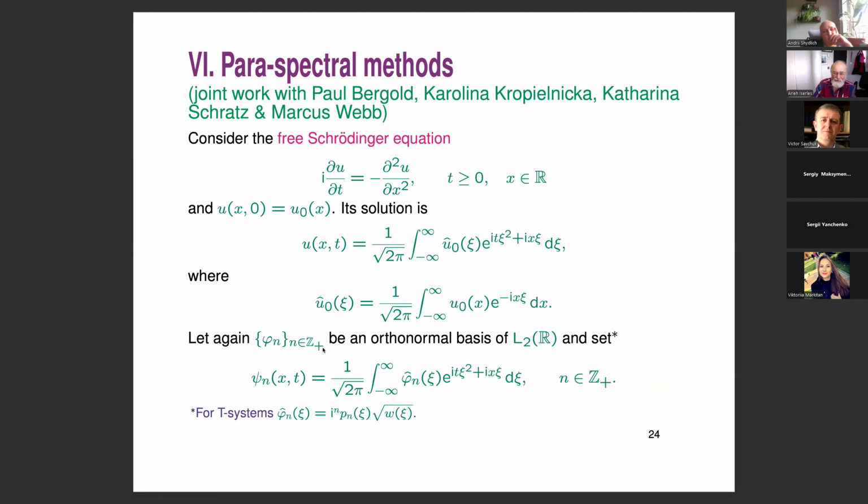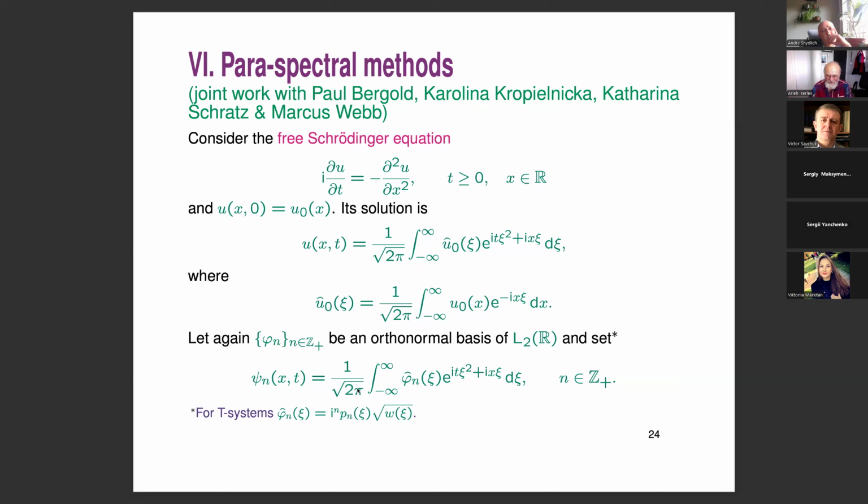And again, suppose I have an orthonormal basis of L2, so typically it will be a T system, and now define psi n as this integral. Now, what is this integral? Suppose that we are solving this equation with the initial condition phi n, then this will be the solution of this differential equation with this initial condition.